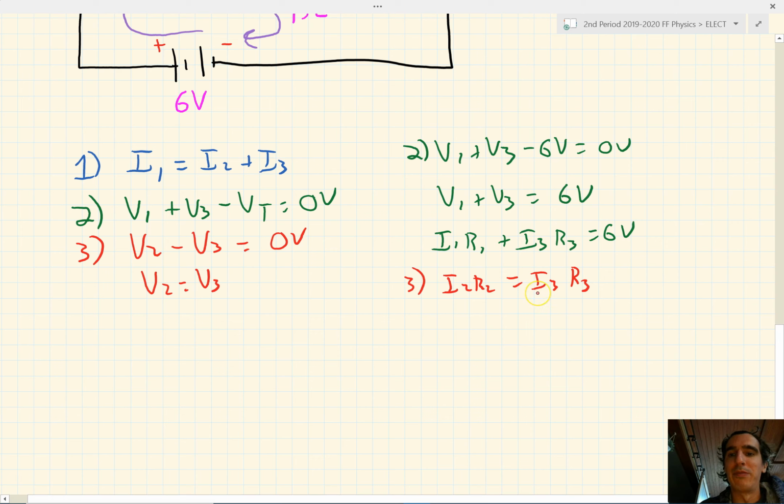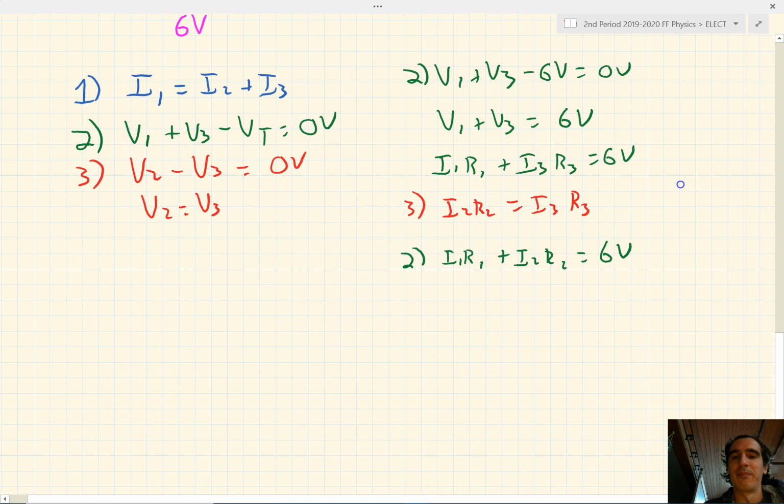We know that we can replace I3 R3 with I2 R2. So we're going to go back to our second equation, and we'll write I1 R1 plus, we could say I2 R2 is equal to 6 volts.